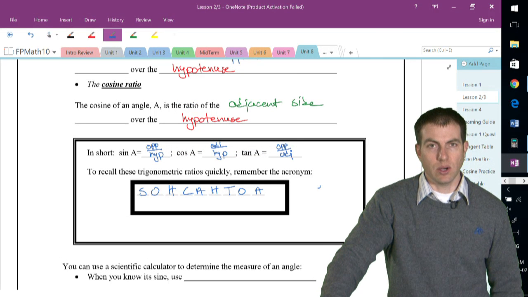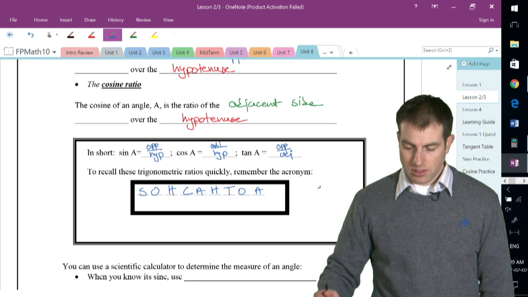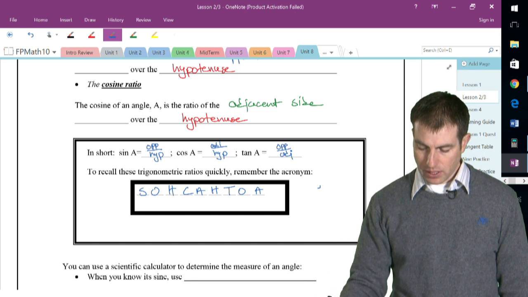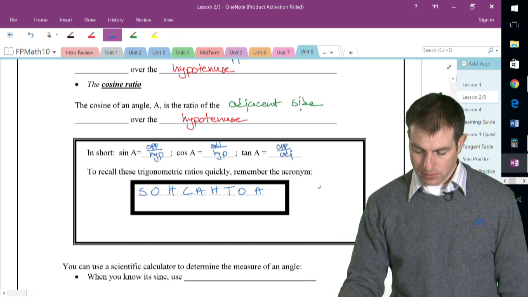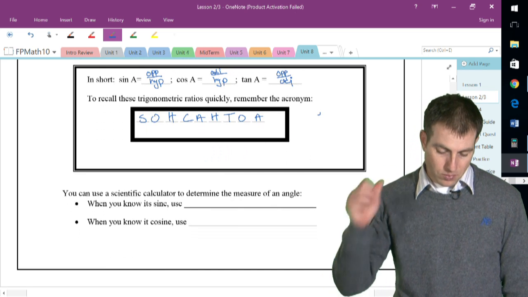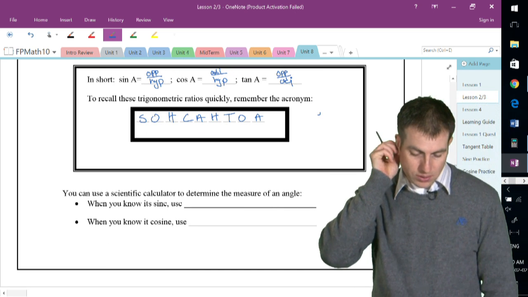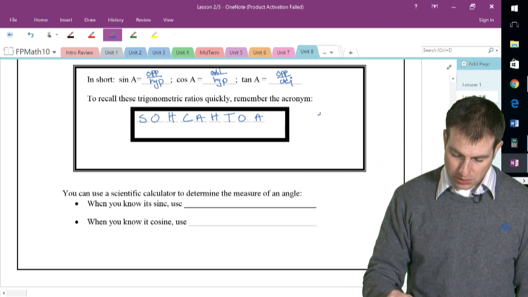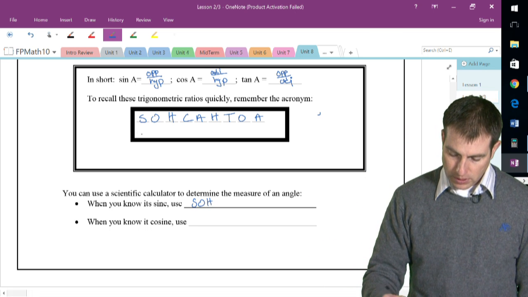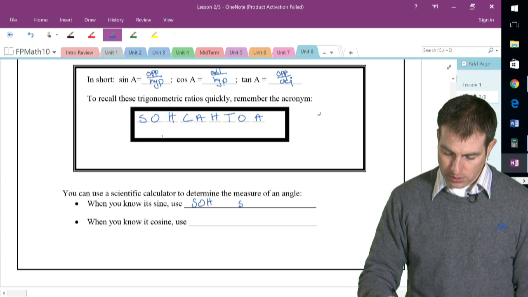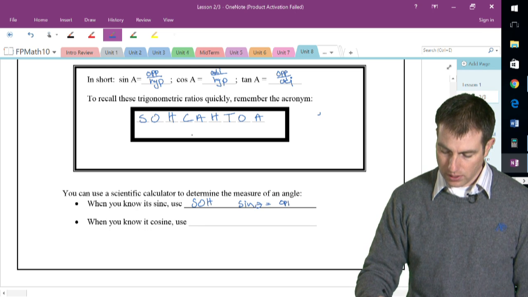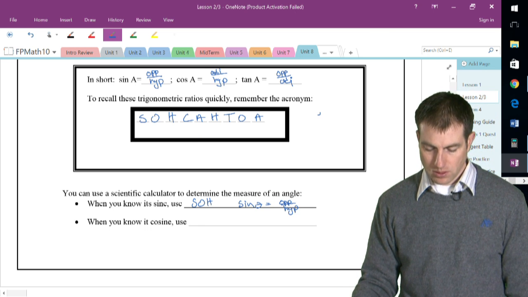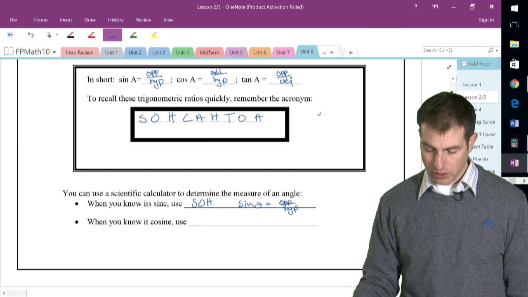So with SOHCAHTOA, we have our three trig identities kind of hidden in there. When you know what sine is, use, so this is the SO. And what SO means is sine of some angle is the opposite side divided by the hypotenuse. So that's the first part of our little acronym here.